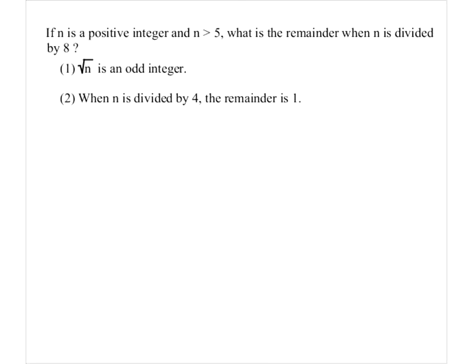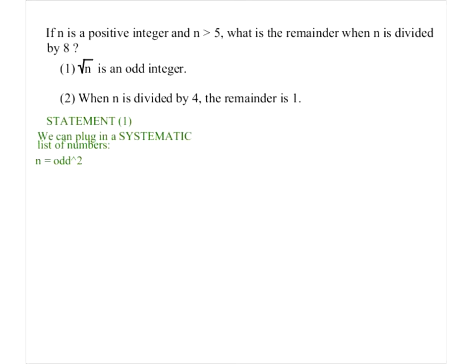So let's go through this. Let's do statement 1 first. Okay. In this case, this is systematic. We can plug in a systematic list of numbers. Because what does this mean? If the square root of n is an odd integer, this means that n is an odd integer squared.